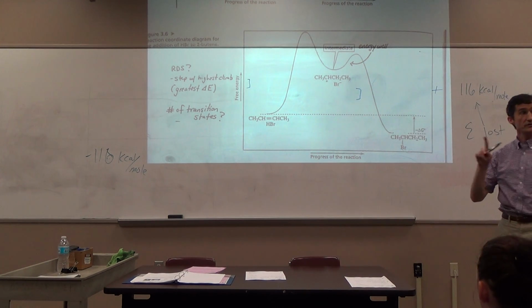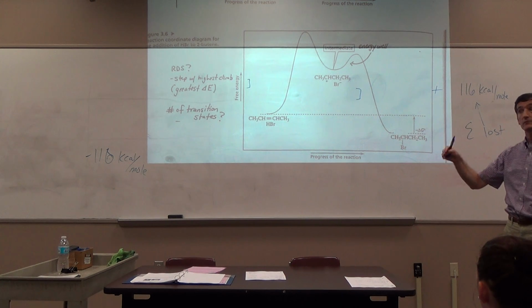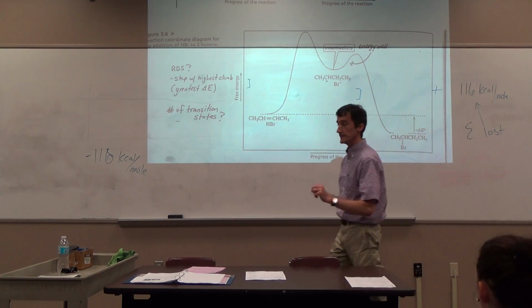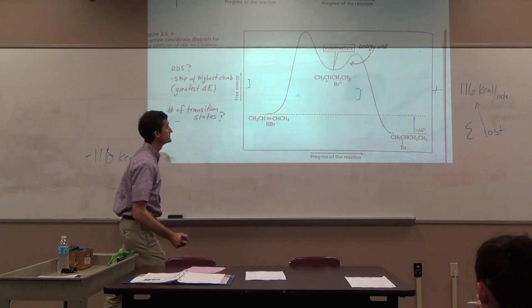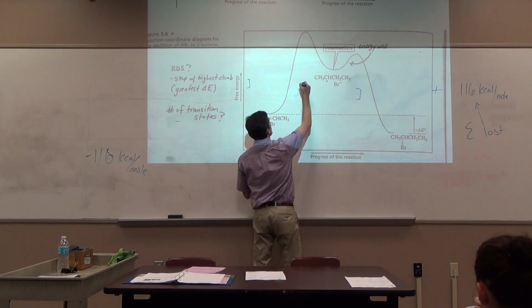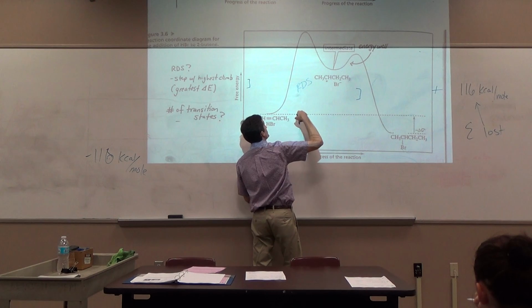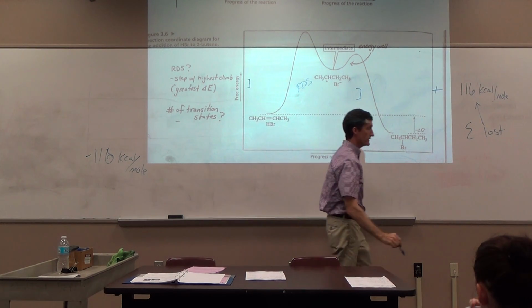Question is, there are two steps here: formation of the intermediate, formation of product. Of the two steps, which one is the rate determining step? F. This is your rate determining step. Okay, I can't draw it all up there unless I lower it down.